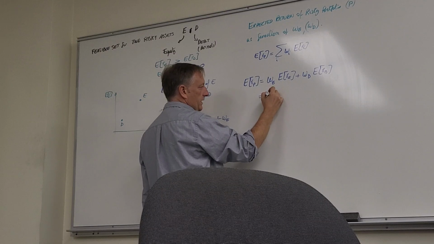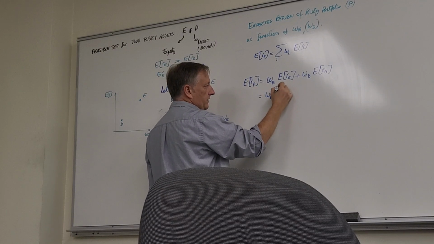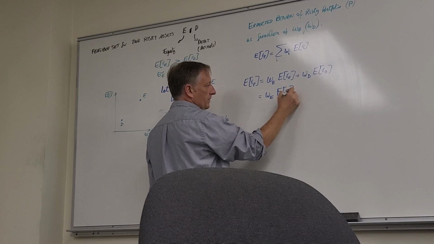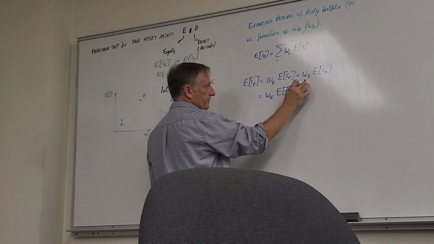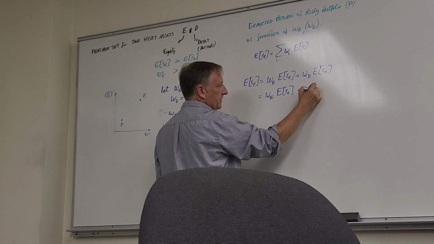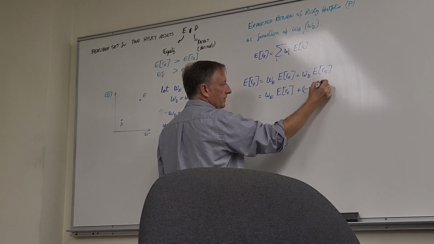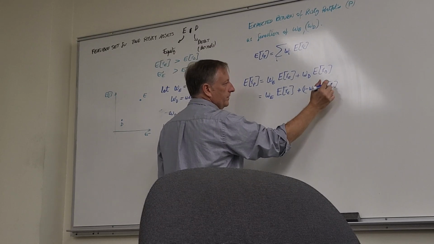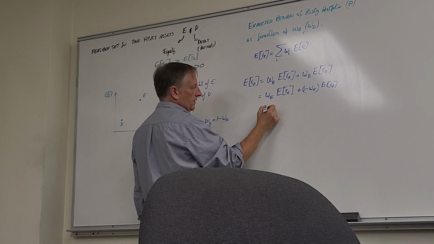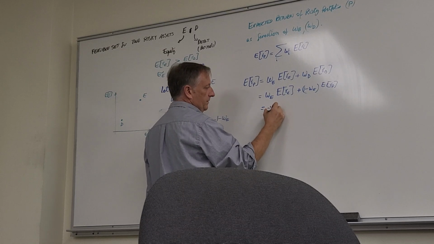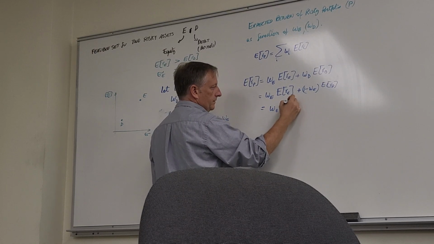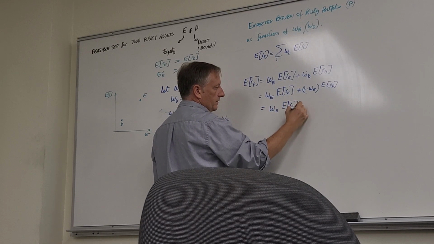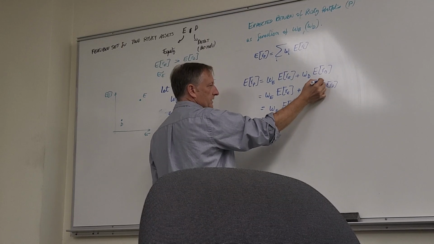Alternatively, you can write this as W_E R_E, plus 1 minus W_E times R_D, which sums out to be this. So distribute this guy over.